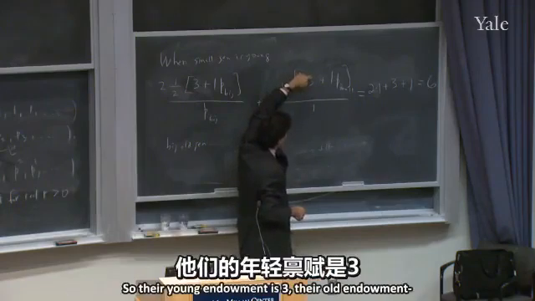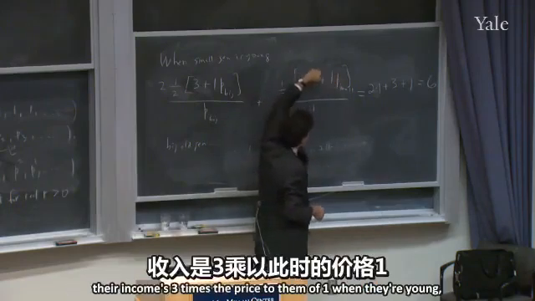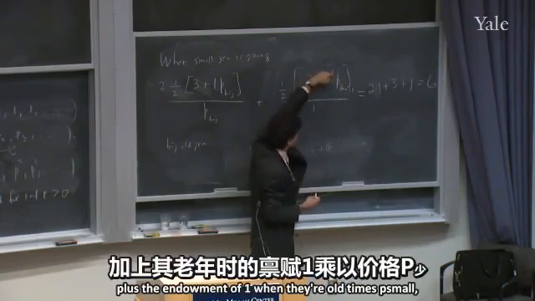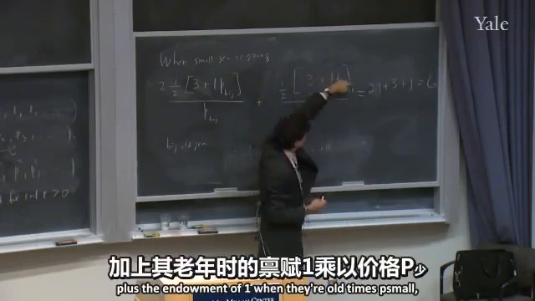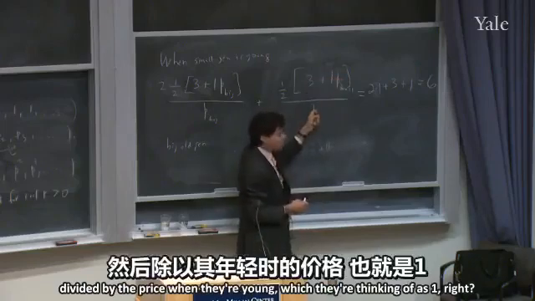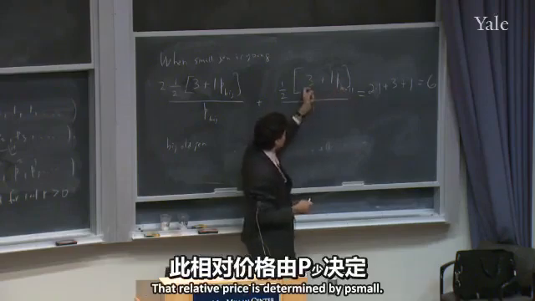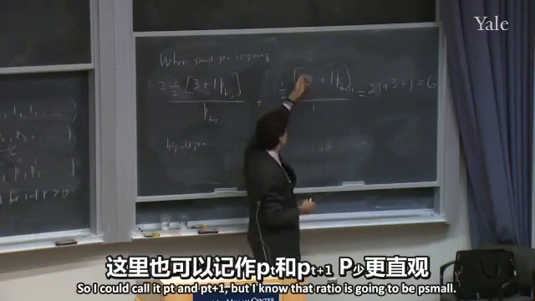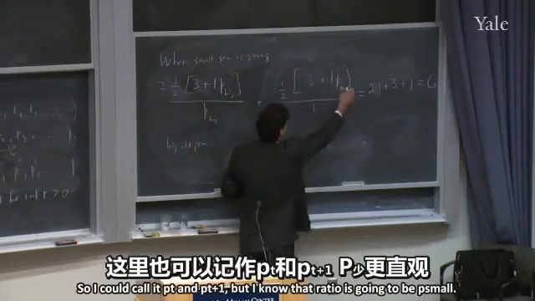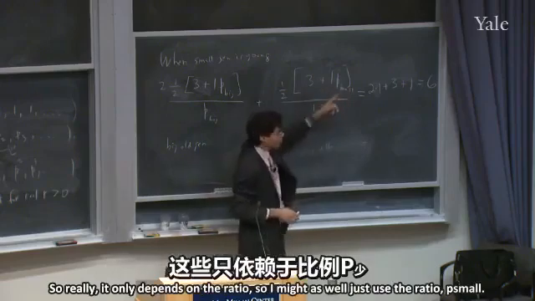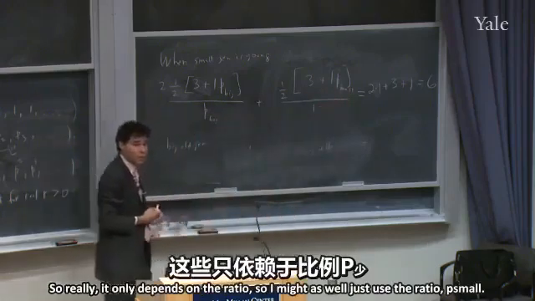So their young endowment is 3, their income is 3 times the price to them of 1 when they're young, plus the endowment of 1 when they're old times P small, divided by the price when they're young, which they're thinking of as 1, right? They only care about the relative price between young and old. And that relative price is determined by P small. I could call it PT and PT plus 1, but I know that ratio is going to be P small. So really it only depends on the ratio, so I might as well just use the ratio, P small.